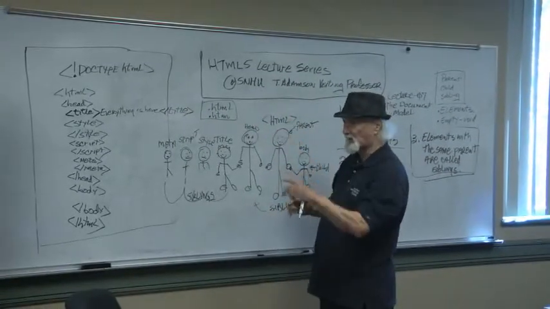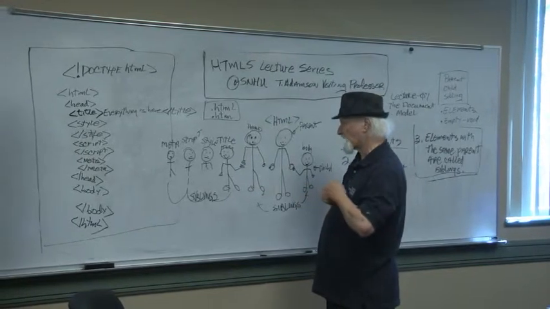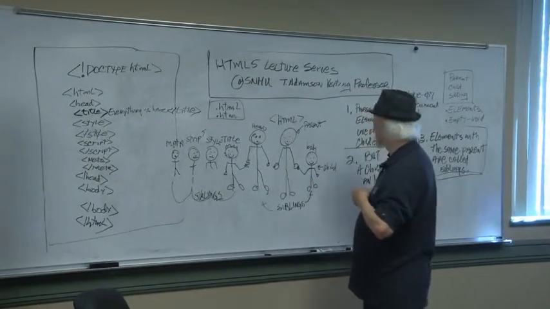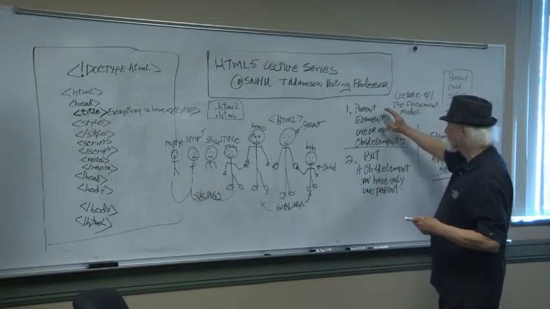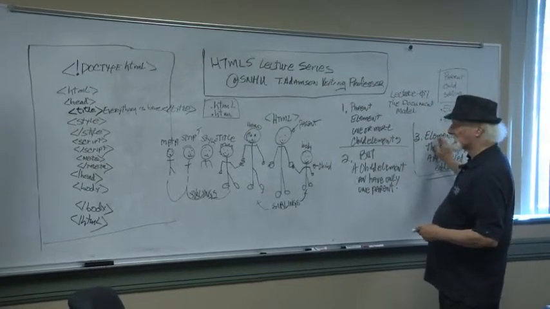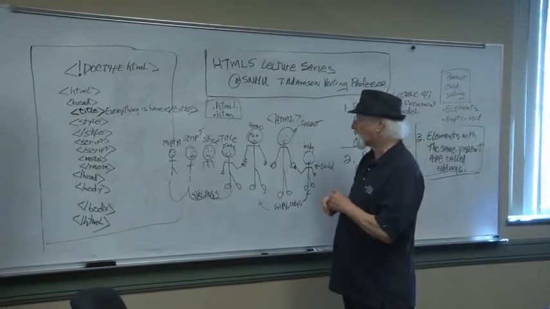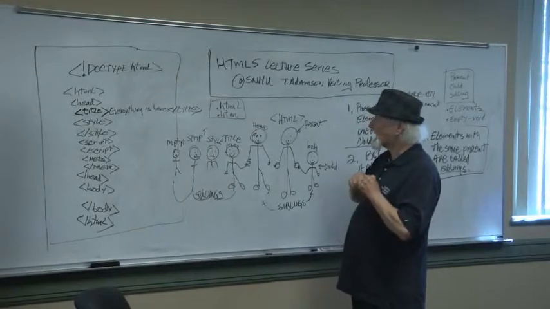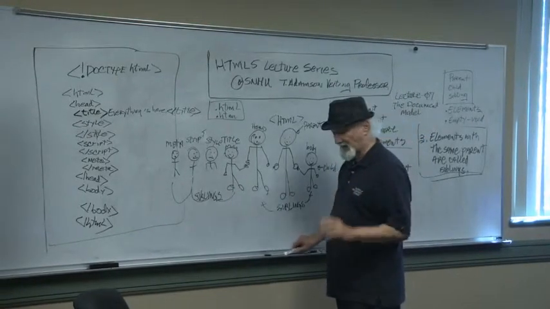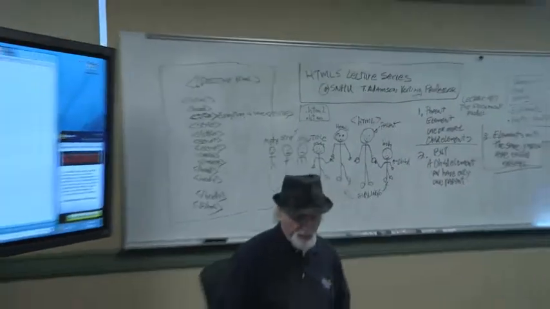I'm going to put a basic model right up here so we can see what one looks like in the flesh. But we need to know the relationship of parents, of children, and of siblings, because we're going to be using this in order to understand the future documentation of HTML5 and how to manipulate it. So I'm going to go ahead and set it up right here.